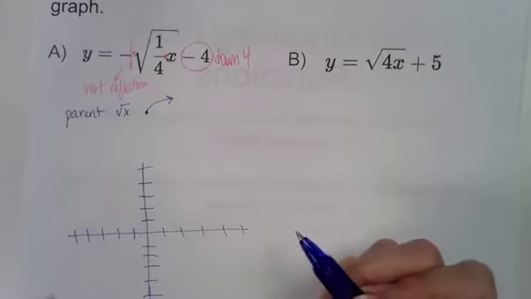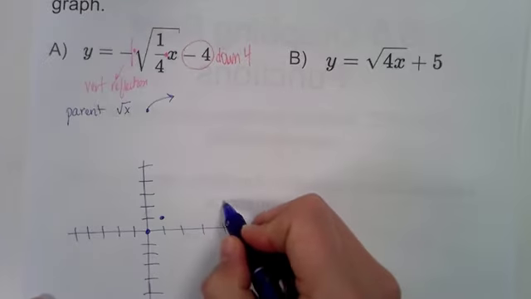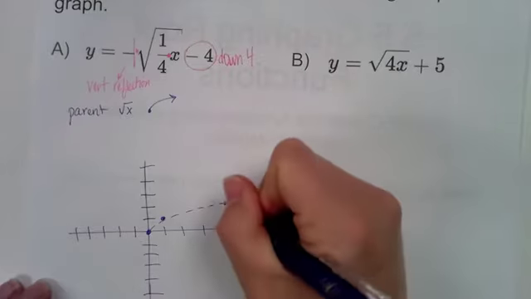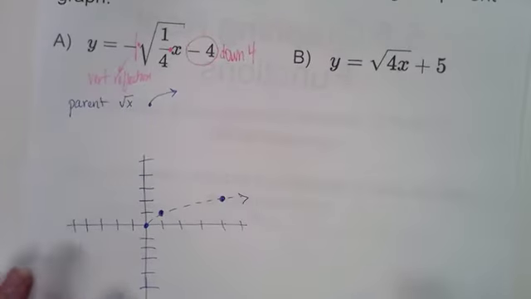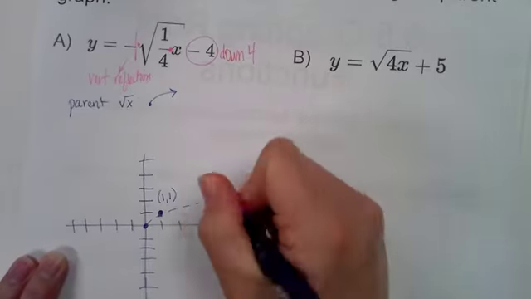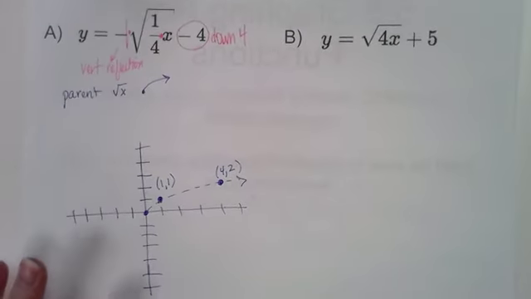My little swoop graph passes through 0, 0, 1, 1, and 4, 2. So there is my parent graph. Delta Math gives that to you, but we want to have it in our notes. And I'm writing those points on purpose, and you should too.